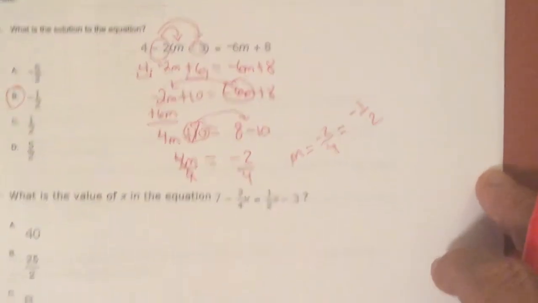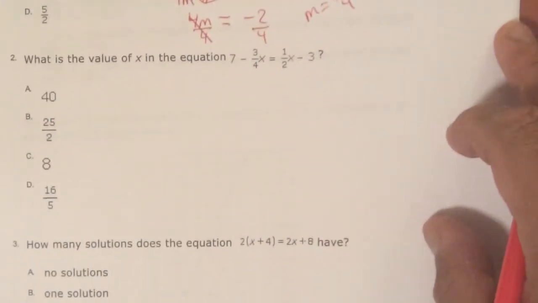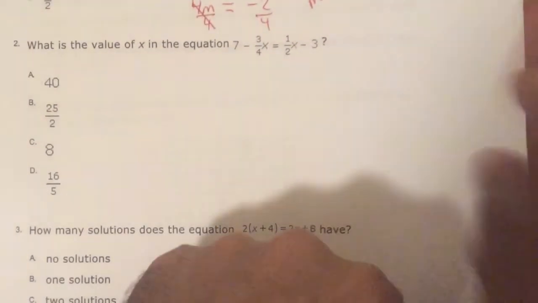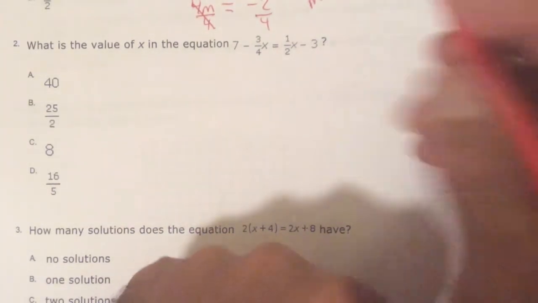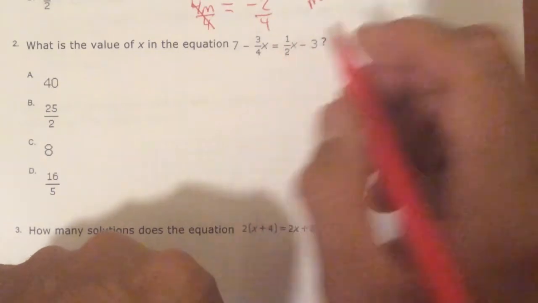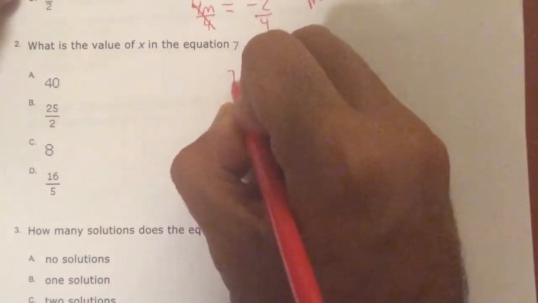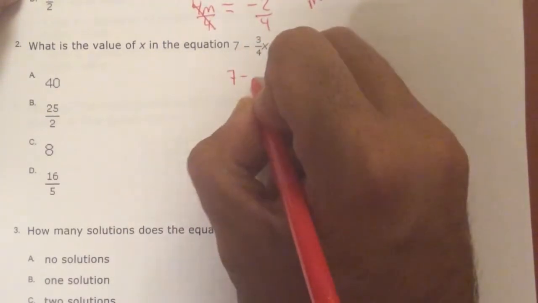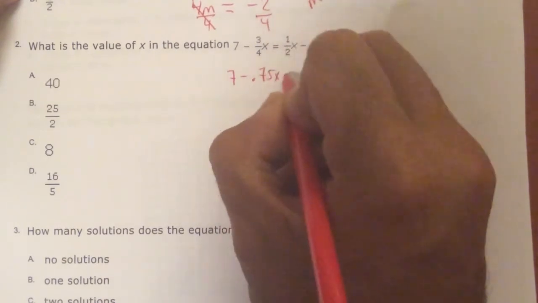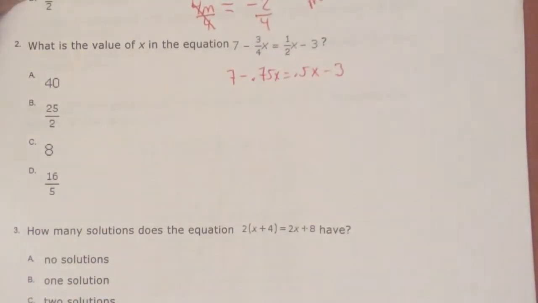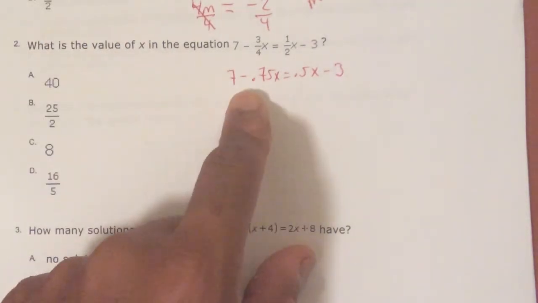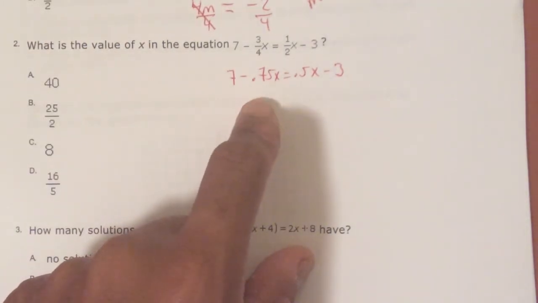Okay, moving on. Number 2. Same idea, but this time what I will do is I will change these numbers into decimals. So 7 minus 0.75x equals 0.5x minus 3. Okay, so instead of the fractions, I went ahead and converted them into decimals.